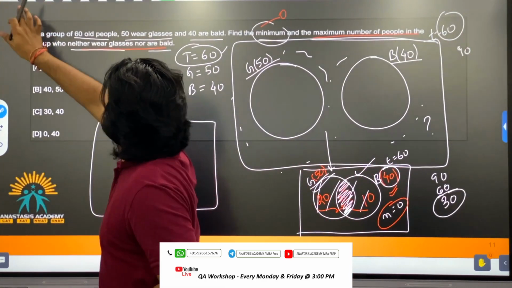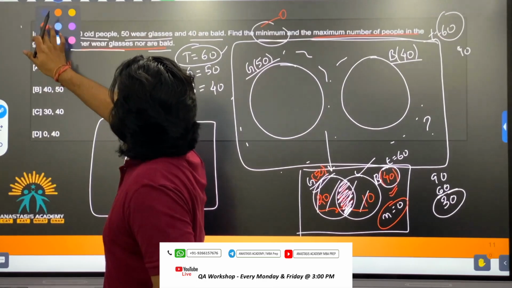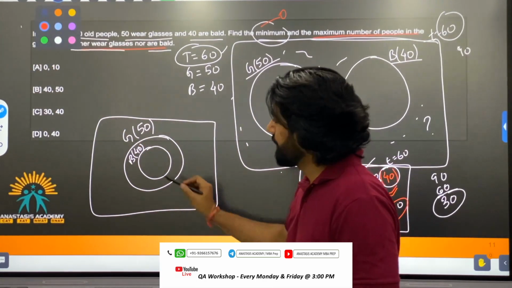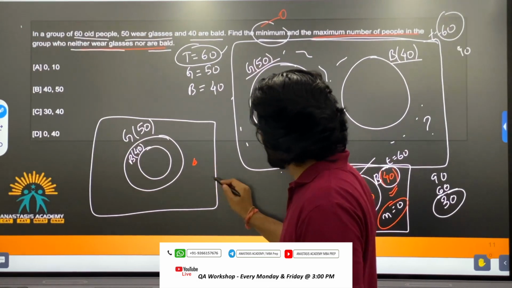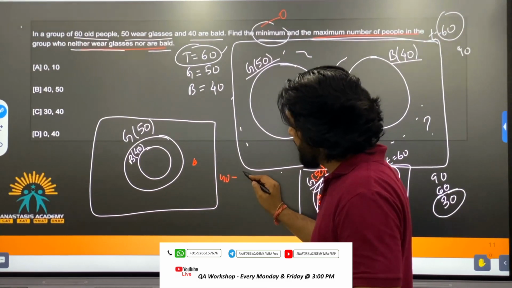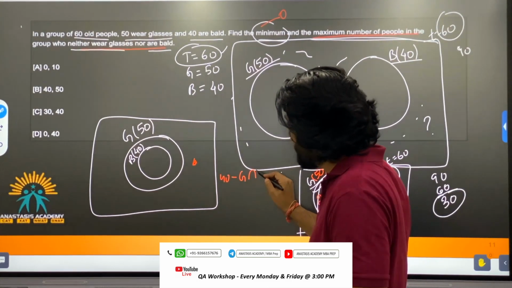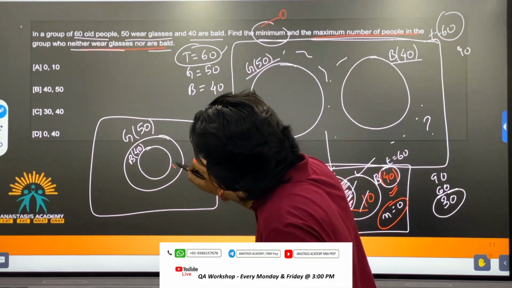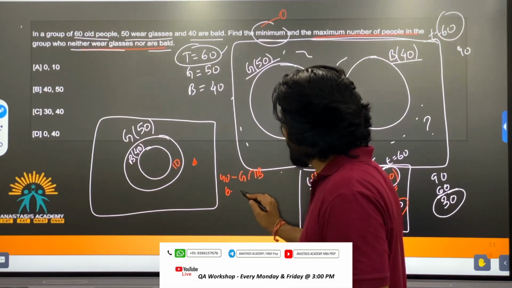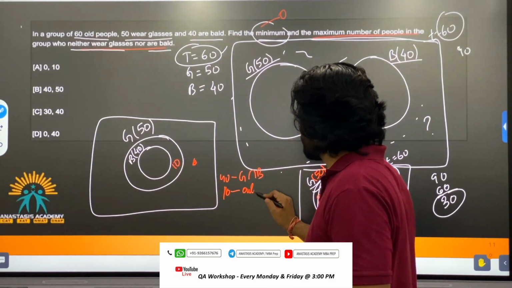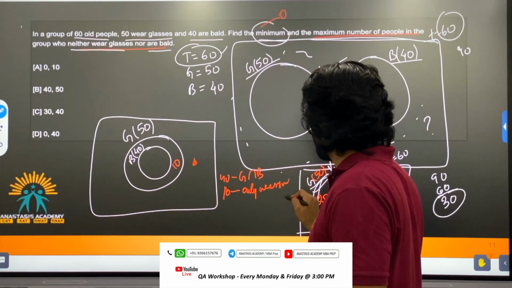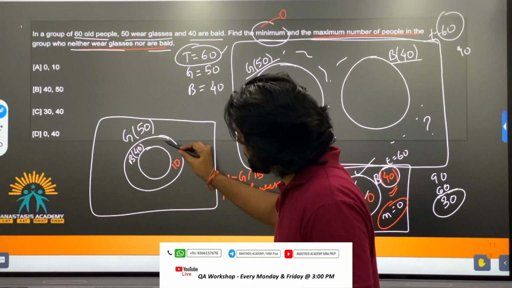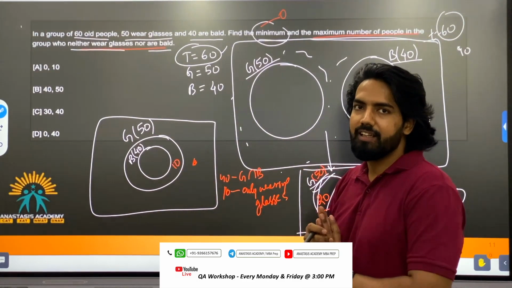So 40 people are there who are bald as well as wearing glasses. 10 people are there outside this region. These 10 people are only wearing glasses. So all these 50 people can be accommodated there.